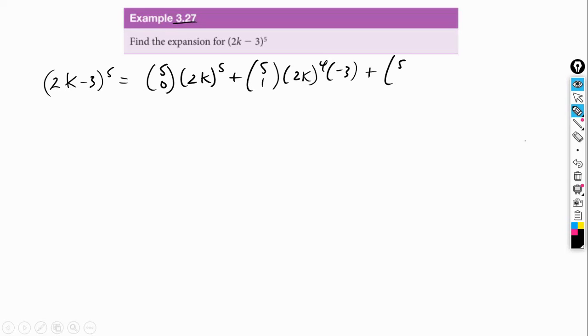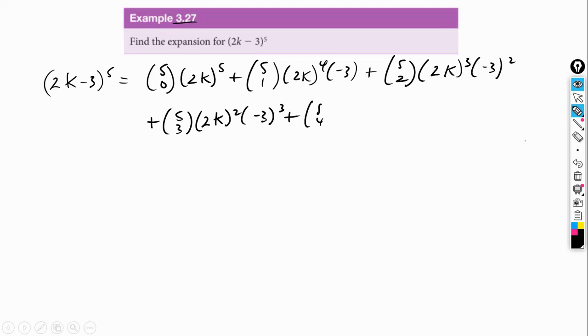And then 5, 2, 2k to the 3, negative 3 squared, right? And then we have 5, 3, 2k squared, negative 3 to the 3. And then 5, 4, and we have 2k, negative 3 to the 4, and then the final one, right? 5 and 5, and then 2k would be gone, and this is negative 3 to the 5.